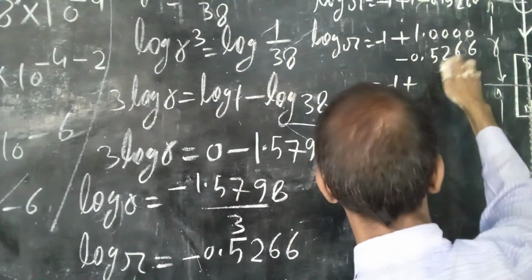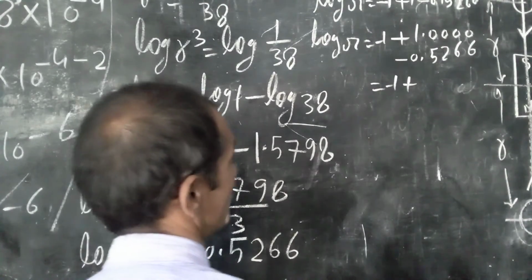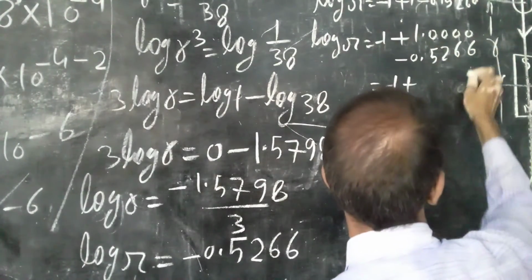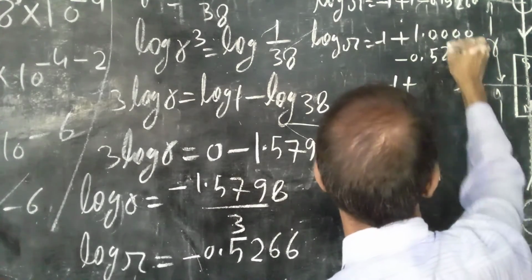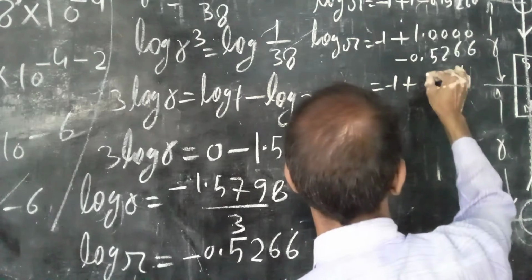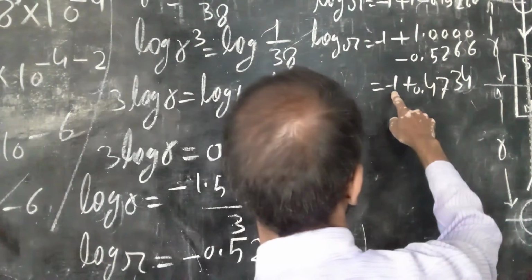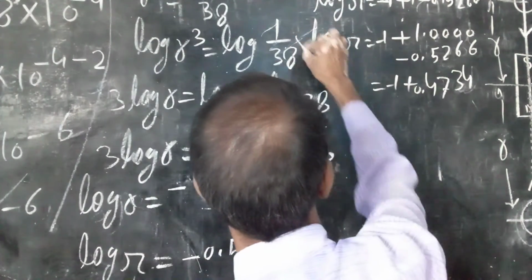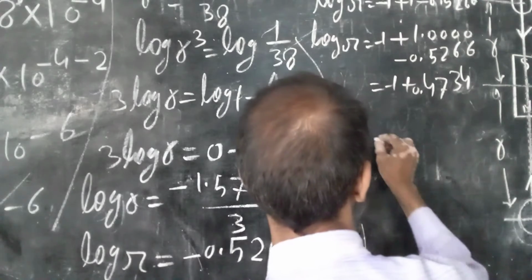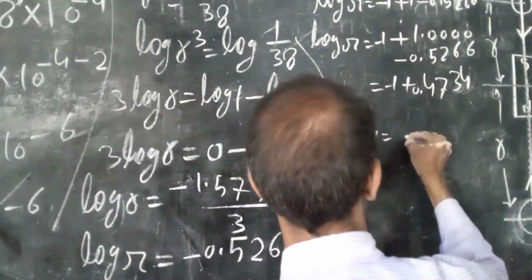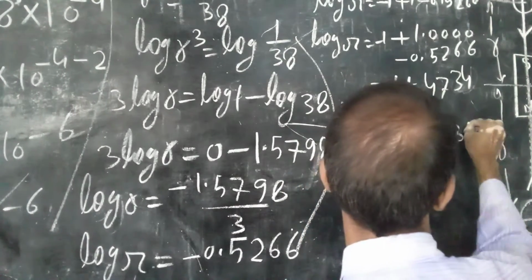Now 1 is greater than this, so you get a positive value of this. 10 minus 6 is 4, 9 minus 6 is 3, 9 minus 2 is 7, 9 minus 5 is 4. So this is your positive mantissa and the characteristic is negative. To combine a negative characteristic and a positive mantissa, we use bar. So write there 1 bar 0.4734.